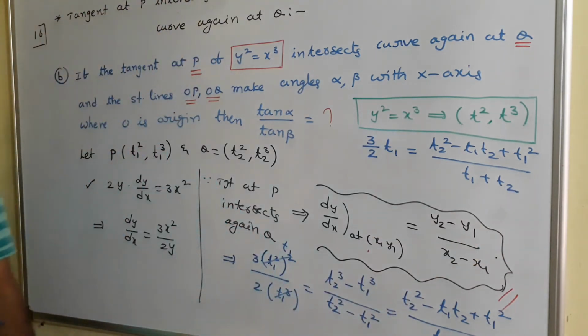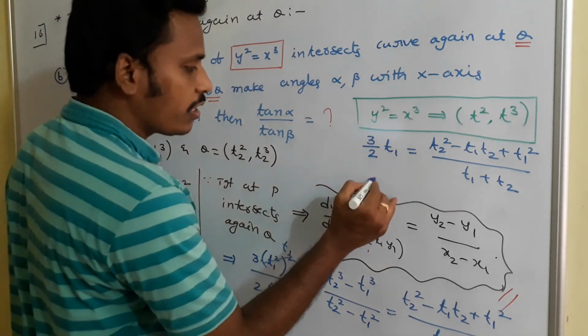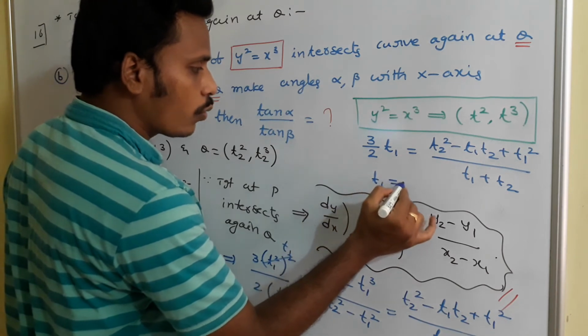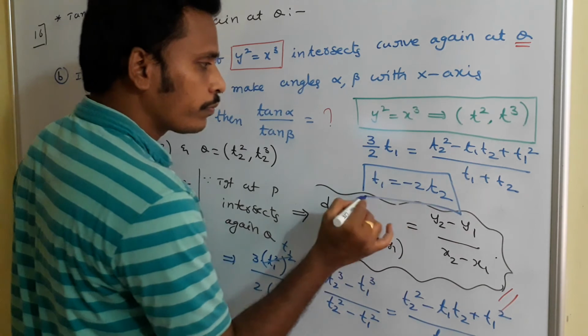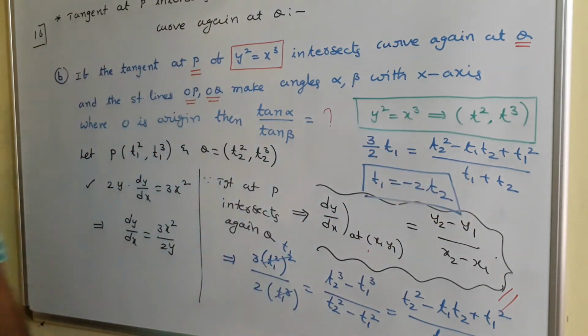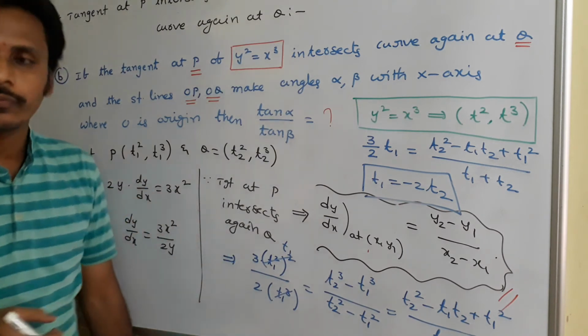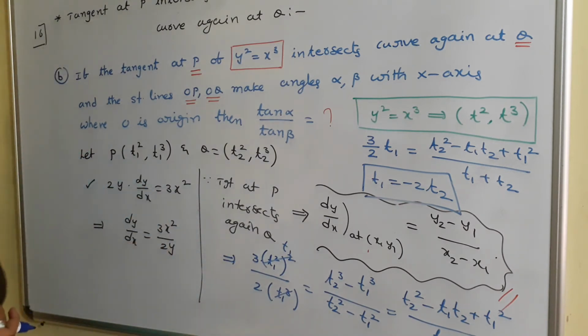You just do cross multiplication here, and after doing cross multiplication you will get a relation between t1 and t2, and that relation is t1 is equal to minus 2t2. Do cross multiplication, and from there we will get t1 is equal to minus 2t2. That is the first thing.